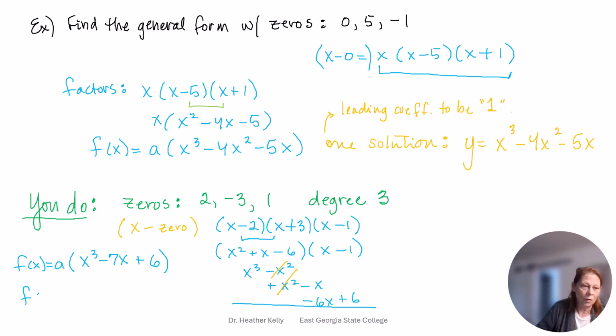And for your answer, so this is general form. And then the answer your homework is going to ask you for, where the leading coefficient is 1, is going to just be this x cubed minus 7x plus 6. Okay, very good.